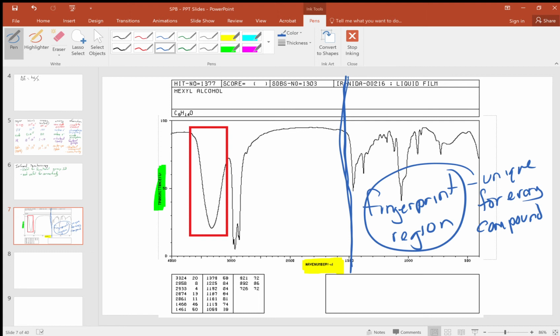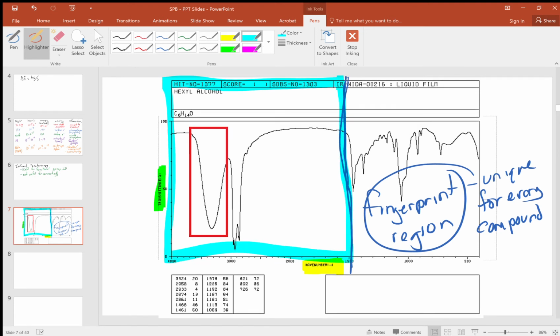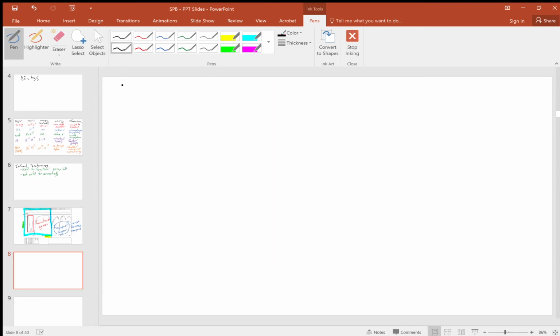Outside of that, the region that we normally concern ourselves with is the higher part of the region, from 1500 up to about 4000. That's where we get our functional groups. And when we're looking for functional groups, there are three things that we want to look at for a peak, and they all mean something.